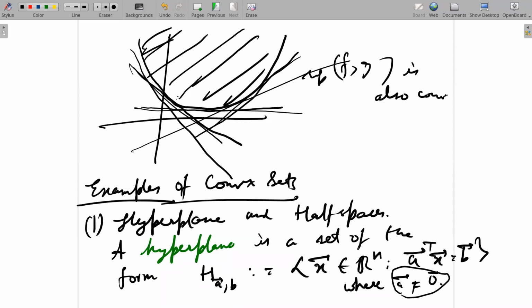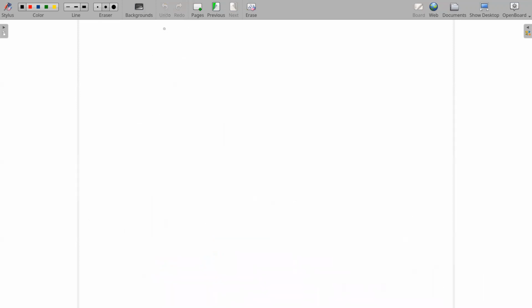So what exactly does this H_{A,B} look like? Like I said, it is the solution of one linear equation. If B is zero, geometrically, how do we think of it? It is all those x such that A transpose x is zero.